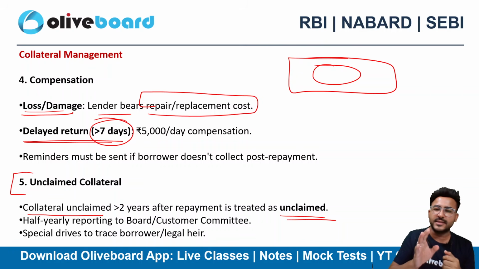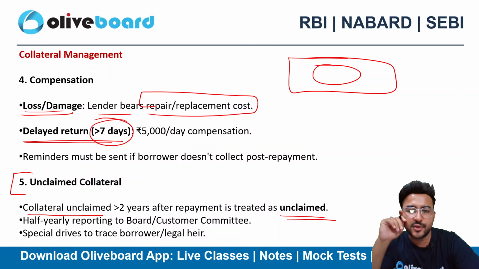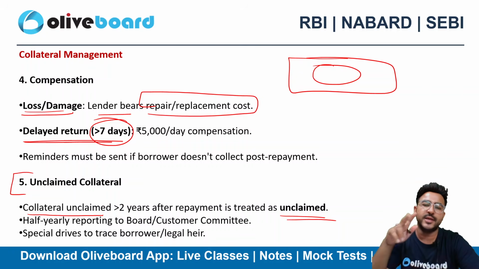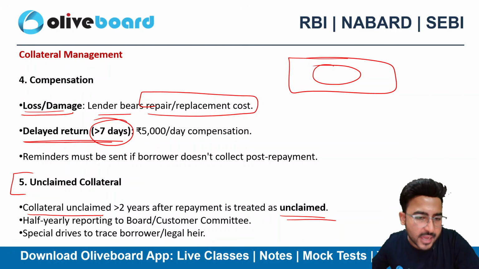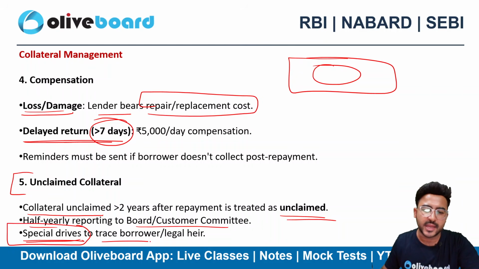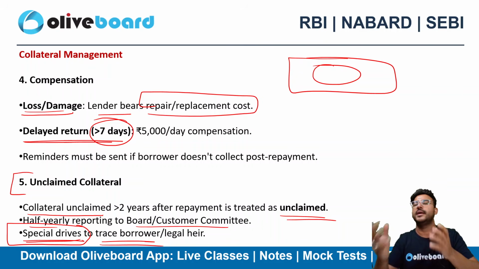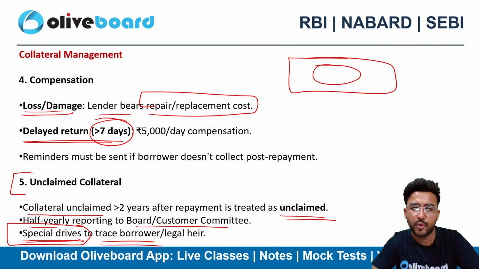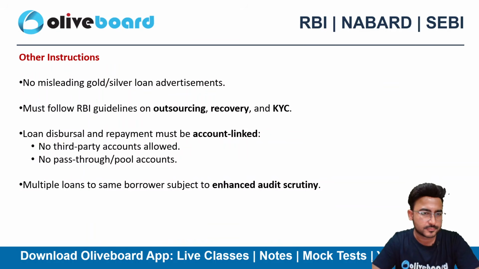Then after 2 years from the date of repayment of this loan, this will be treated as unclaimed. So I'll be waiting for 2 years and then this will be treated as unclaimed. Half yearly reporting is required in this case to the board or customer committee. Plus we need to also organize special drives so that we can trace the borrower or legal heir of the borrower and we can return the gold or silver.